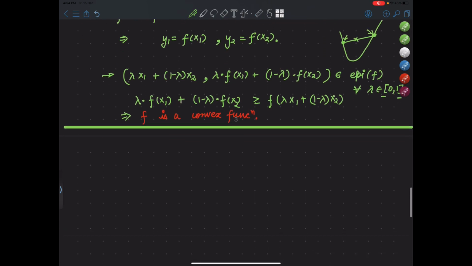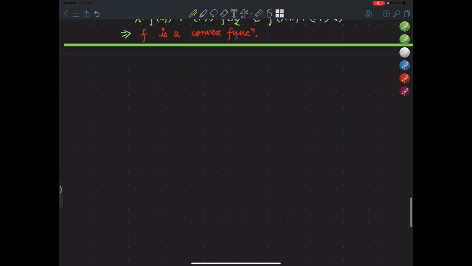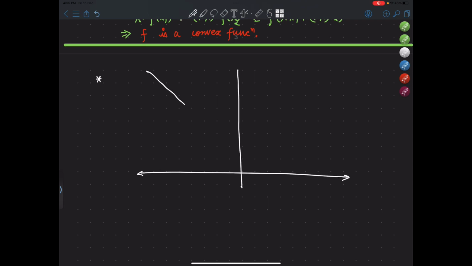Okay. Now, before continuing, I just want to share a quick fact with you all. So let's say this is a function. You might know this function as the modulo function or absolute function.